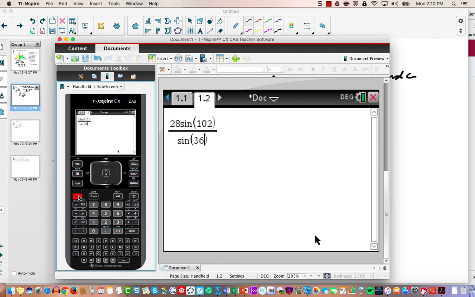And then I can just type control enter, and there it is. 46.5955. We're going to round off to the nearest tenth here.